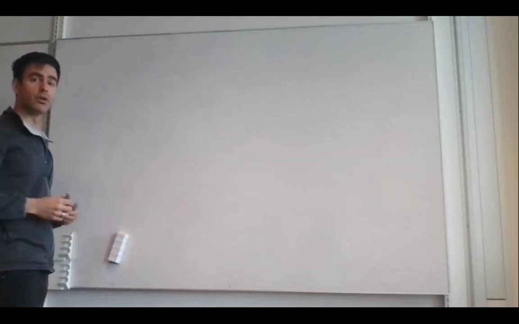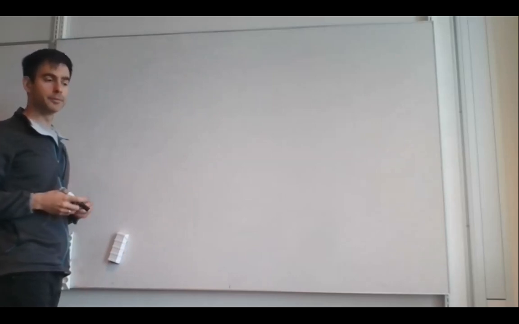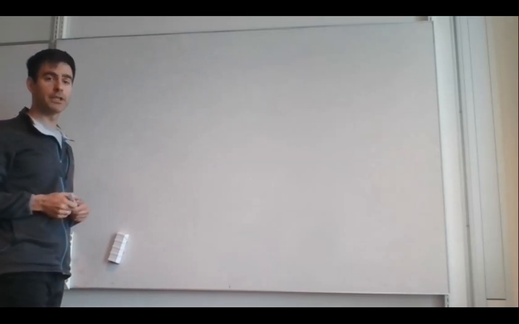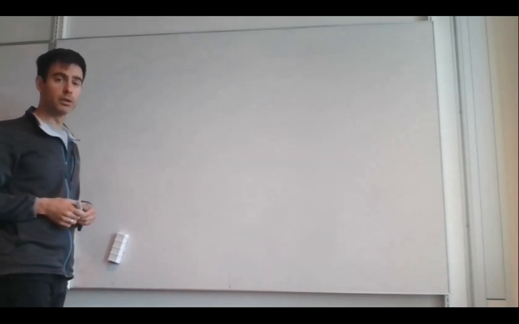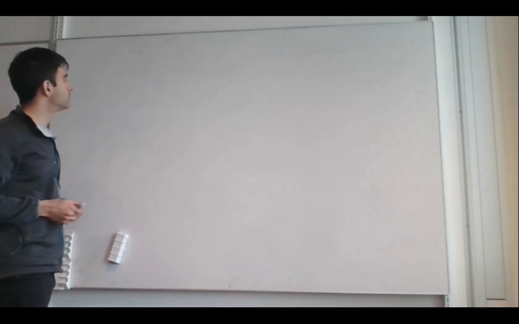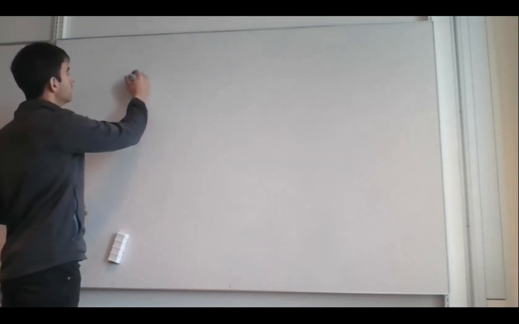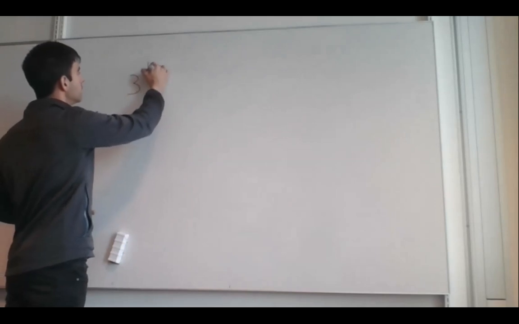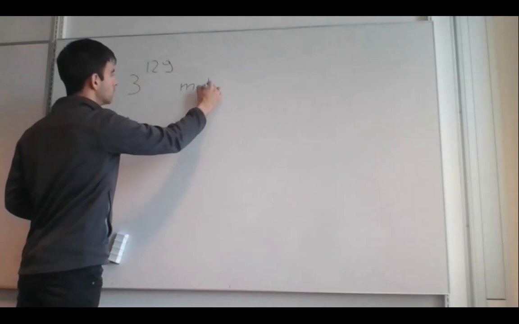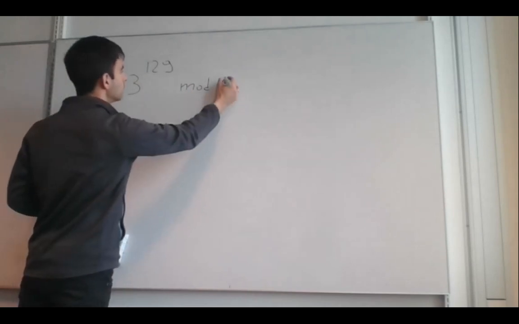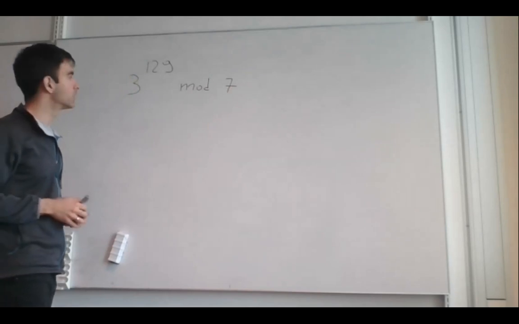Something else which is nice to know about modular arithmetic is that it's very easy to compute large powers in modular arithmetic. And this is going to be very, very useful when we do RSA. For instance, we could do an example, which is to compute 3 to the 129 modulo, I don't know, say modulo 7 to do an easy computation.